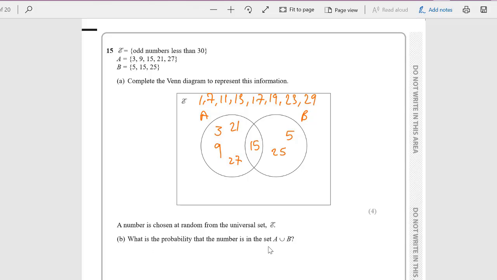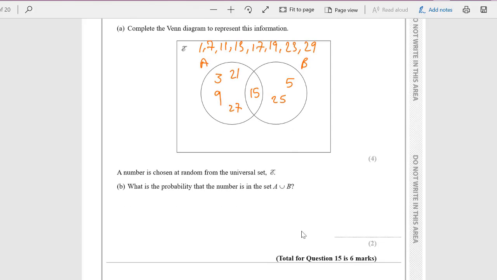A number is chosen at random from the universal set E. What is the probability that the number is in the set A or B? So A union B. So there are 1, 2, 3, 4, 5, 6, 7 here, and 1, 2, 3, 4, 5, 6, 7, 8 there. So altogether there are 15 values.